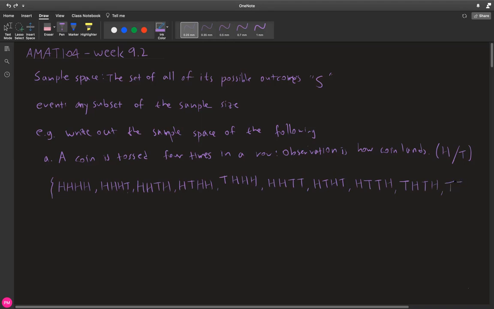Let me write it below here. And we have tail, heads, heads, tail. I think those are all the possible outcomes with two tails.